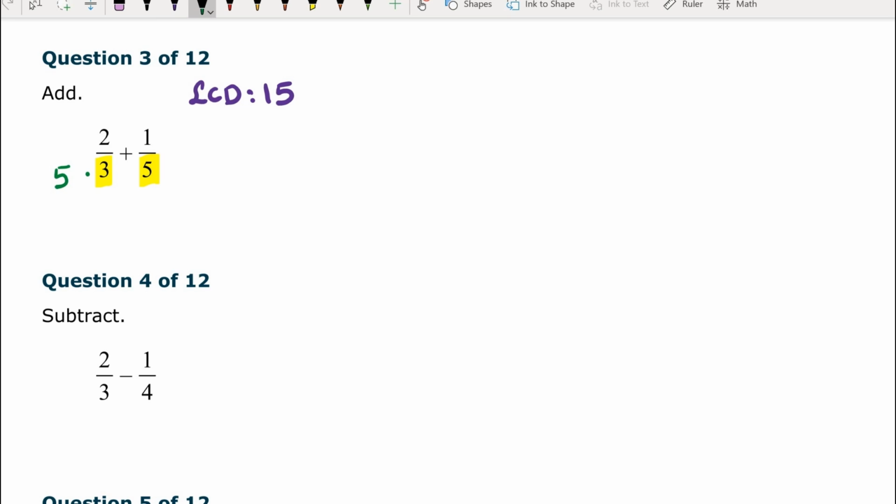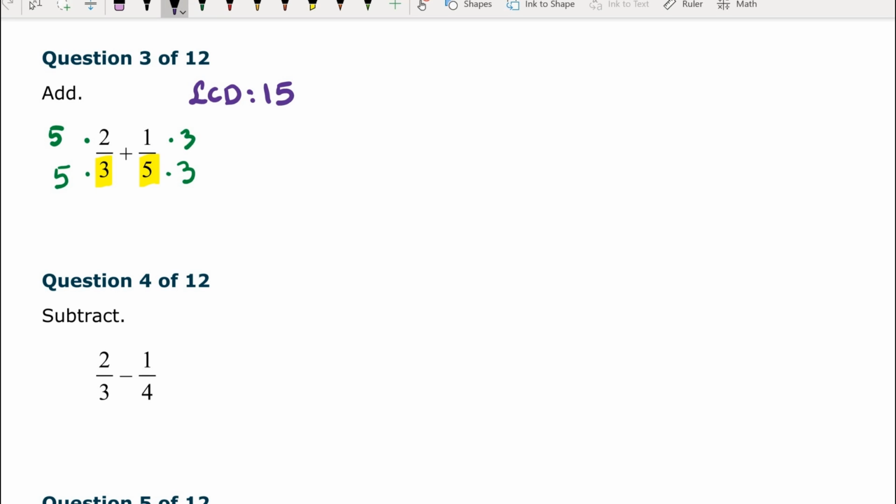For the second fraction, you multiply the denominator by 3, so that they both end up with 15. Whatever you do to the denominator, you have to do the same to the numerator. So we multiply 5 on numerator and denominator for the first fraction, and we multiply 3 on top and bottom of the second fraction.